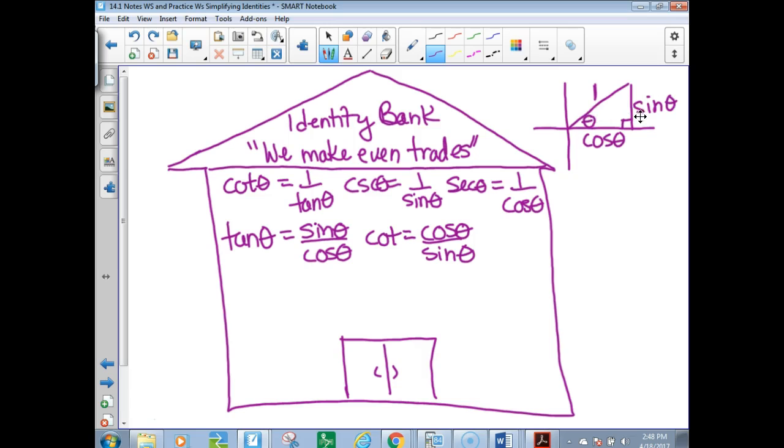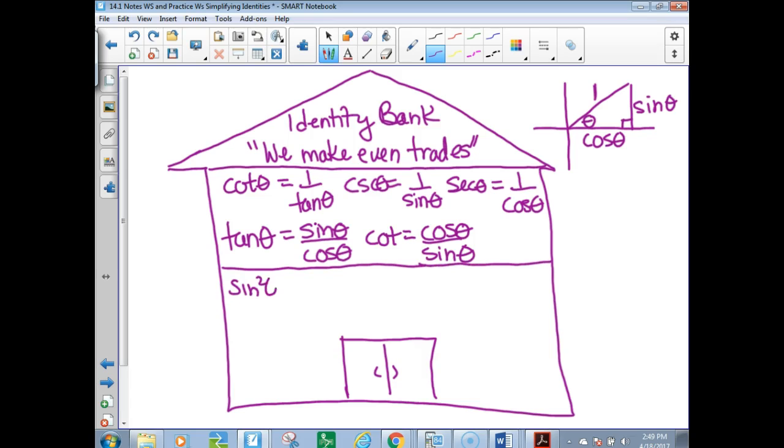What's something else you know from mathematics, algebra, and geometry that could apply to this? Leg, hypotenuse. The Pythagorean theorem. So I'm going to write some Pythagorean identities next.